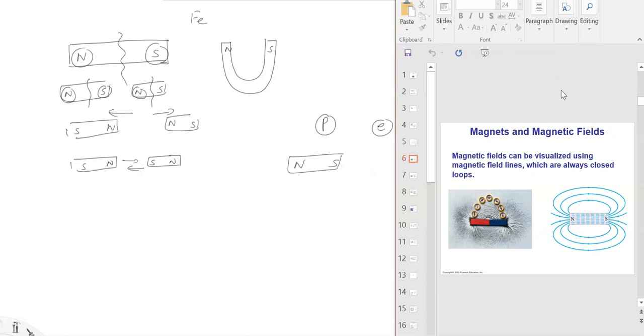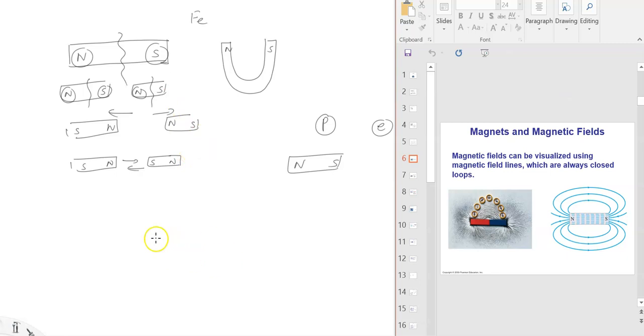Magnetic fields can be visualized using magnetic field lines, which are always closed loops. So this is a simple activity or demonstration we can do in the class. We try to picture the magnetic field lines.